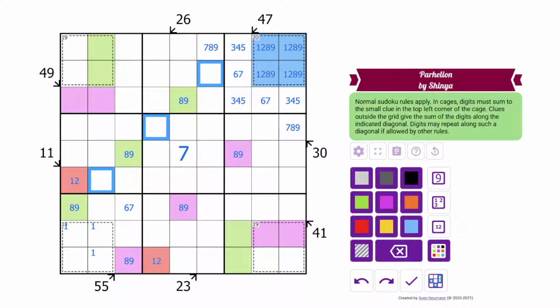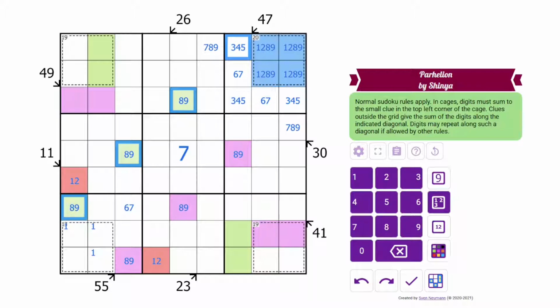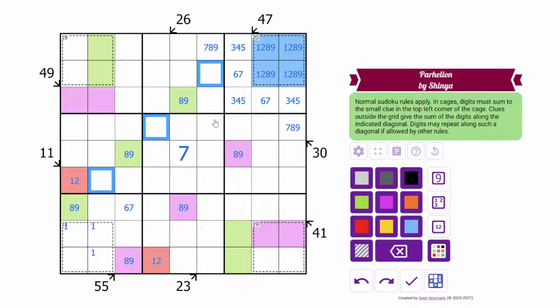That's a 7. 7 makes 14. This has to be at least a 4. 5 degrees. If I maximize these, I put them all to the highest possible value. 5 plus 9 plus 9 plus 9 is 32, which means these have to add to 15.